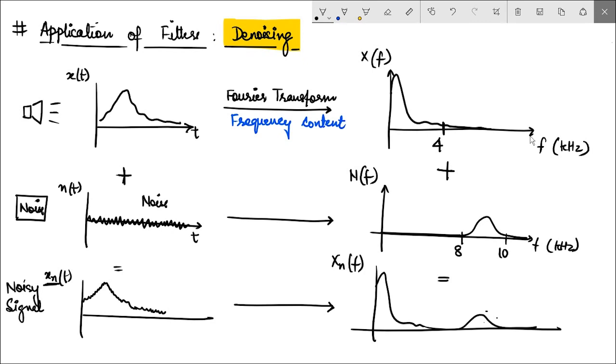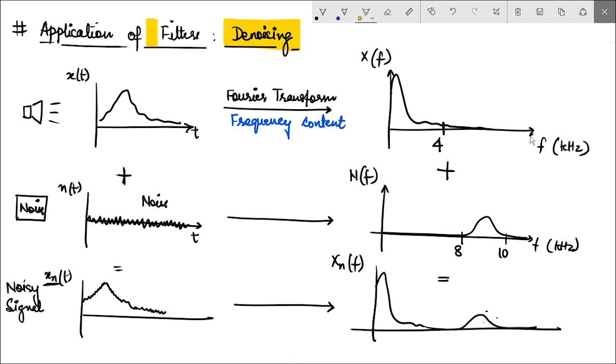Where are we going with this? Our objective is to find a circuit that will remove the effect of this noise. That means in terms of frequency, we need to get rid of this part of the spectrum. So what are we going to use?